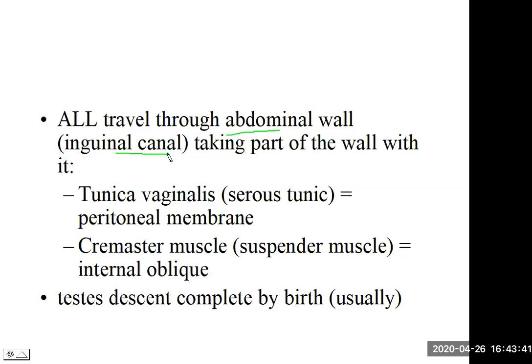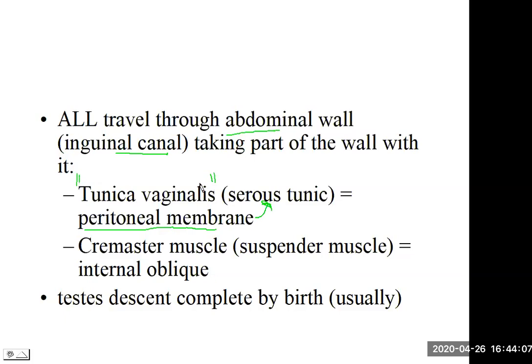And with that descent, a portion of the peritoneal membrane, the serous membrane that's in the abdominal cavity, a portion of that peritoneal membrane also gets pulled down into the scrotal cavity. And at this point, now in a developed male, it's known as a tunica vaginalis.